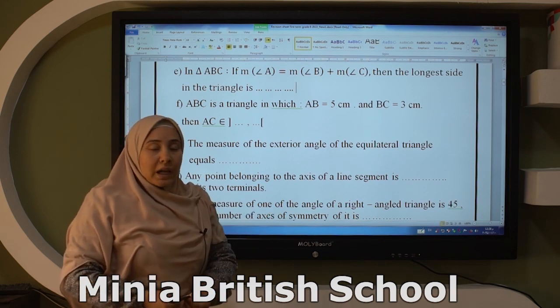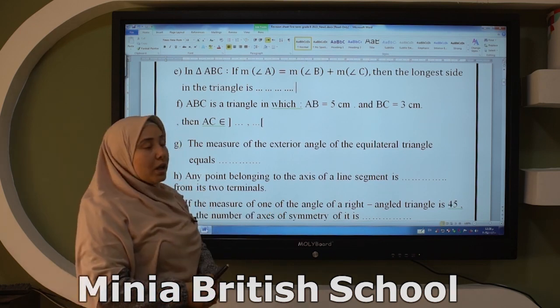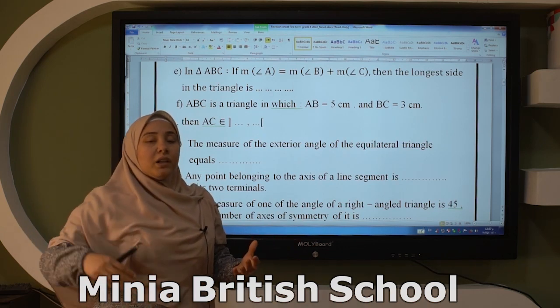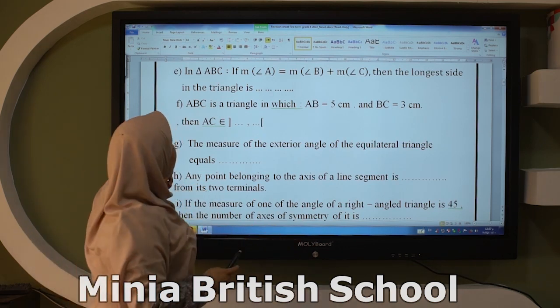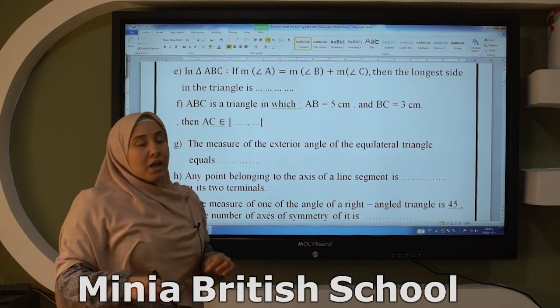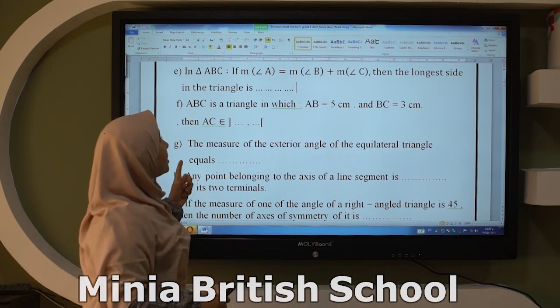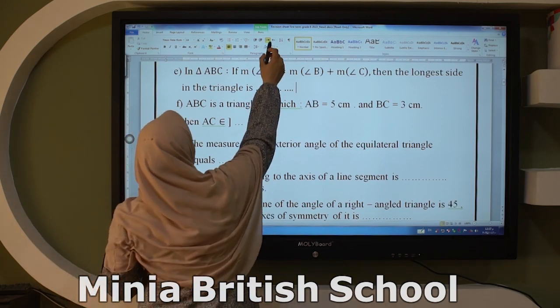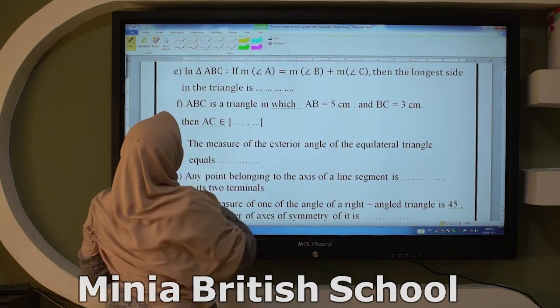Then angle A is a right angle. We know the longest side in a right angled triangle is the hypotenuse, and here I have the name of the triangle. Then the longest side, which is opposite to angle A, is BC.